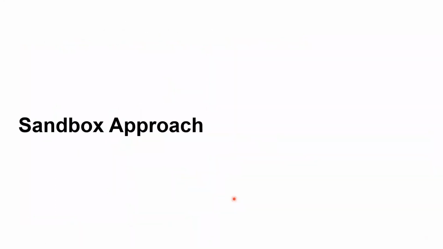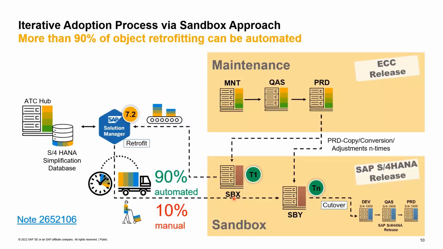The other option, which is also valid and used by many customers, is the so-called sandbox approach. Some customers said, we don't want to stop the ongoing maintenance on the ECC track, but we are on the journey to S/4. So they said, we will not do the continuous retrofit, we will do it via the sandbox approach.